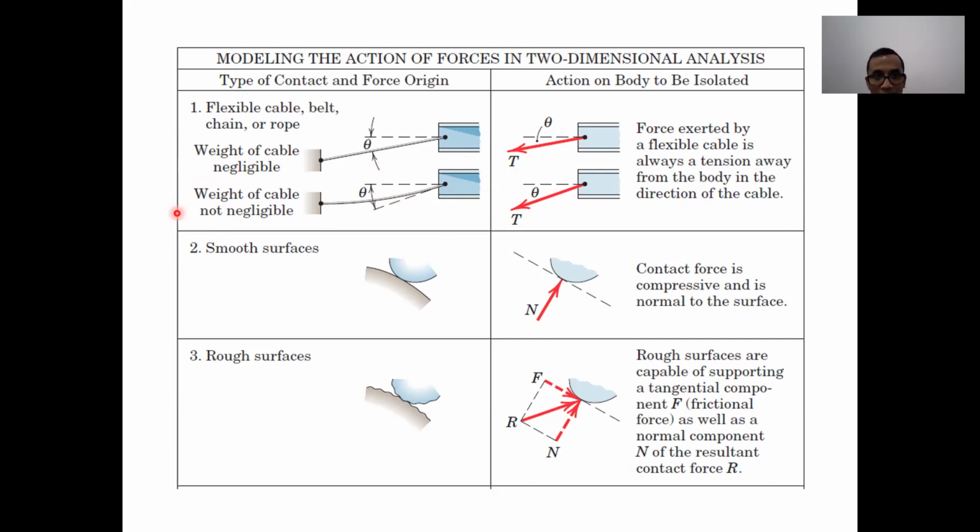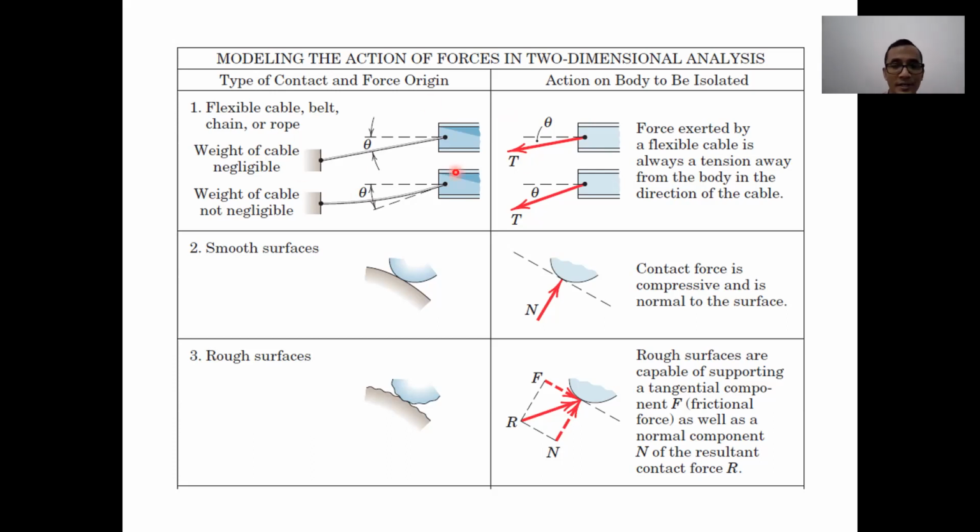Most of the time, we ignore this part for your static problem. But in intermediate or advanced problems, sometimes we do this. In most real-world cases, we cannot ignore the weight of the cable. But in our statics problem, we can ignore the weight of the cable. That's why it's always straight like this.